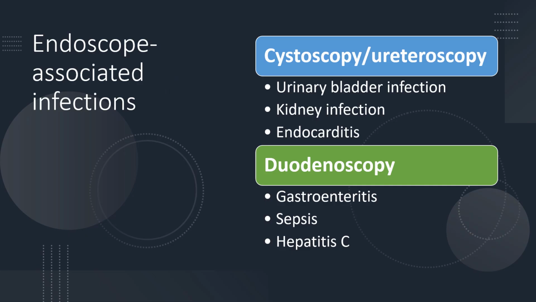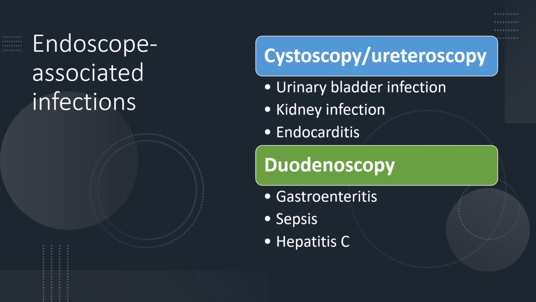So your cystoscopy and your ureteroscopy, potential for infections are a urinary bladder infection because that is exactly where this procedure is being performed, kidney infection, as well as endocarditis. For the procedure of a duodenoscopy, you have the potential for gastroenteritis. Itis, again, inflammation. Gastro is stomach, enter is intestines.